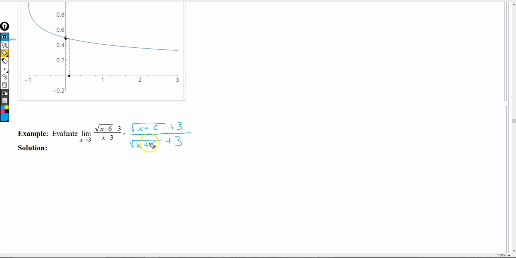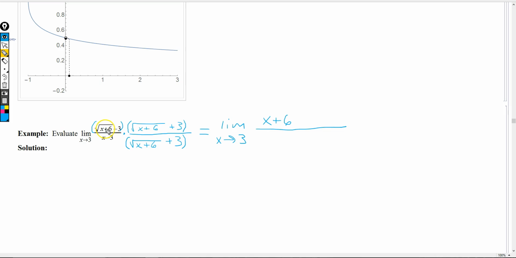This is just the conjugate of the numerator here, and then we're going to FOIL out the numerator and just multiply x minus 3 times the denominator, but we're not going to FOIL anything there. Now when I multiply out the numerators, square root x plus 6 times square root of x plus 6 just gives me x plus 6.